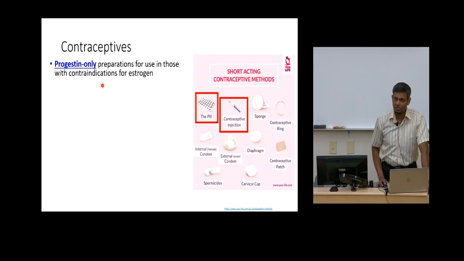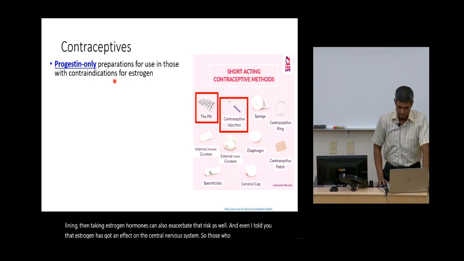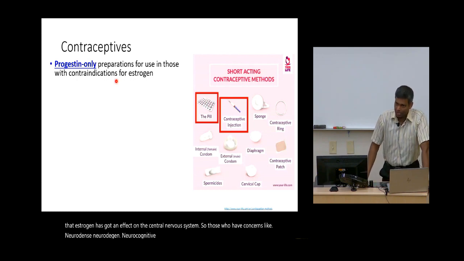Other things include, if they have a propensity to, say, breast cancer or cancer of the uterine lining, then taking estrogen hormones can also exacerbate that risk. And I told you that estrogen has an effect on the central nervous system. So those who have concerns like neurocognitive disorders or even dementia can have contraindications to taking estrogen.